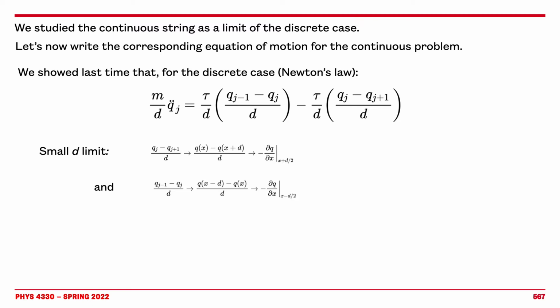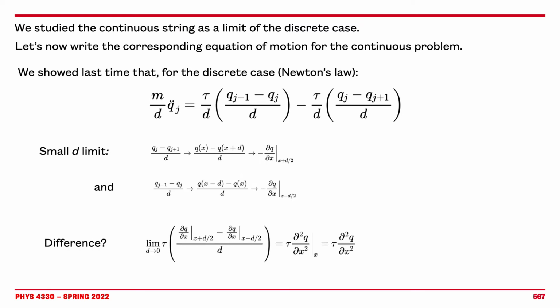Now there is one more thing we need to do. It turns out that the right-hand side is the difference between two derivatives divided by d. In other words, it is going to be another derivative, the derivative of the derivative. And this is how we get the second derivative. In fact, it's better to do it by writing it.